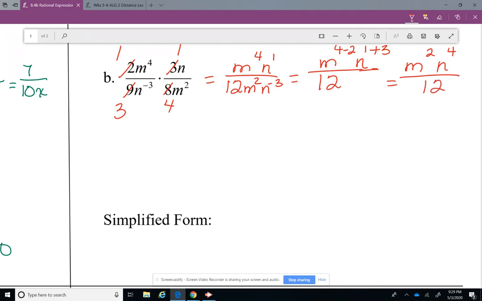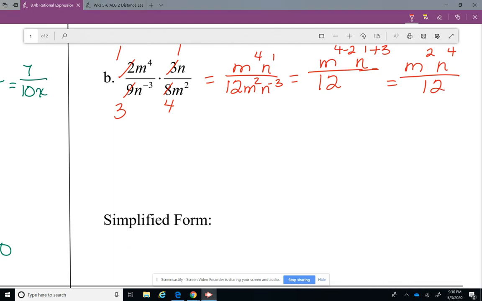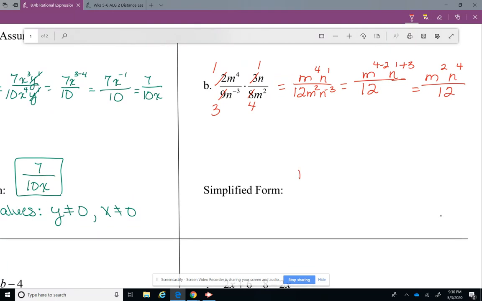All right, and that's our final answer. So we're going to put down here for our simplified form: m squared times n to the 4th over 12.